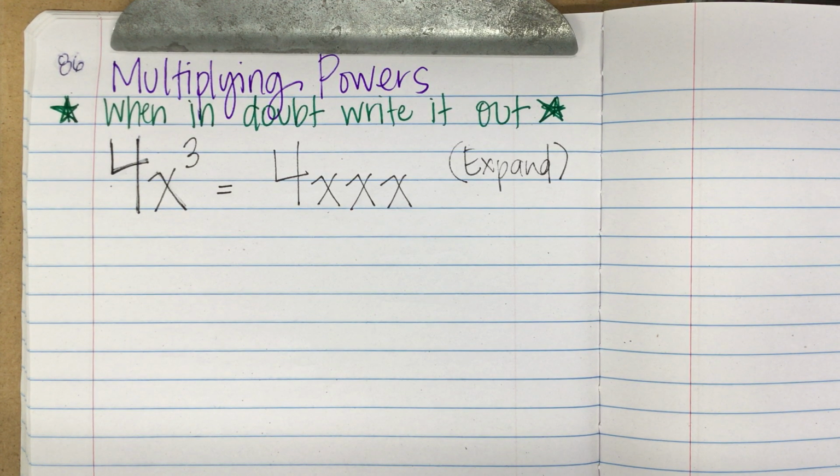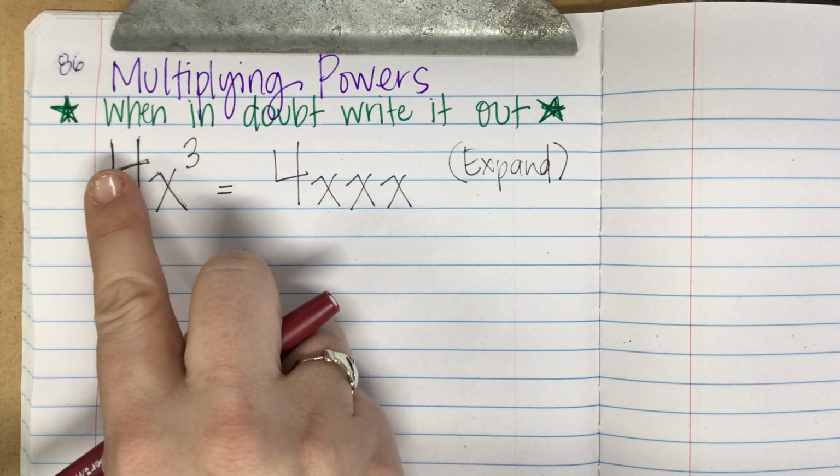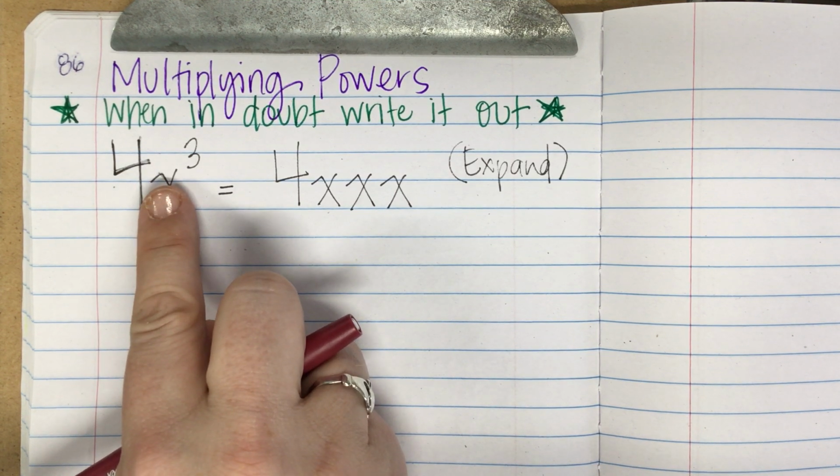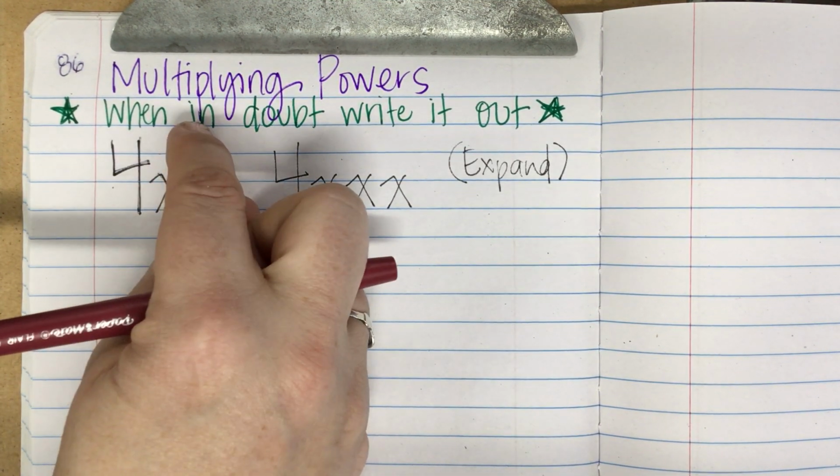And a really common misconception when we start rushing with powers, with exponents, is that we think that this exponent of 3 would mean that it's 4x, 4x, and 4x. It would be the whole thing 3 times.